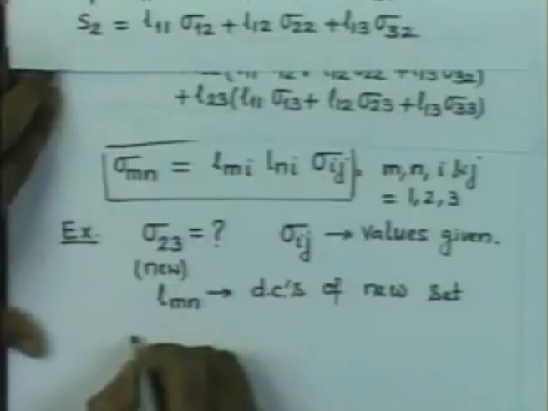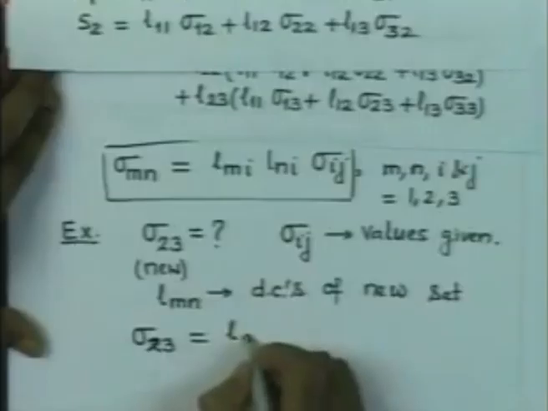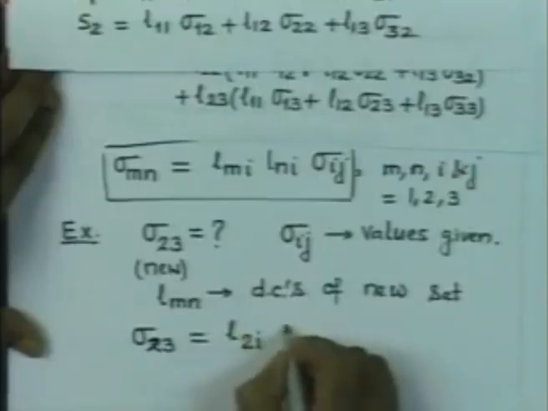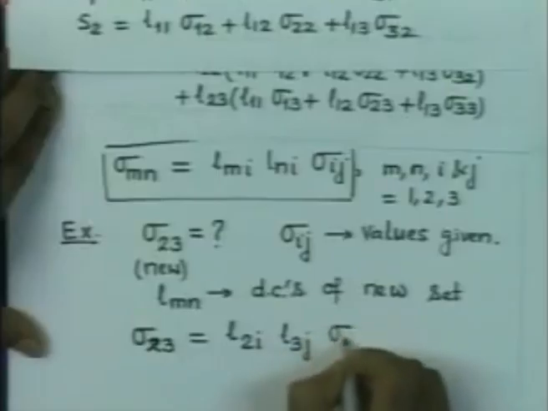So, I can now write sigma 2 3 new is equal to L 2i L 3j sigma ij.